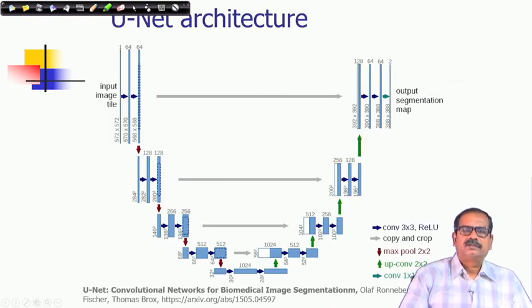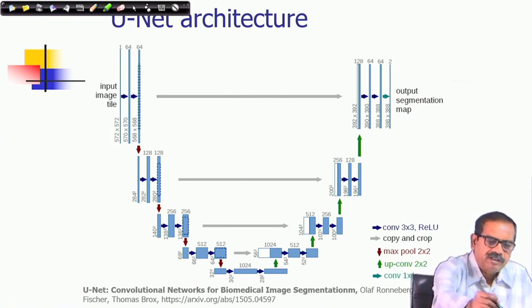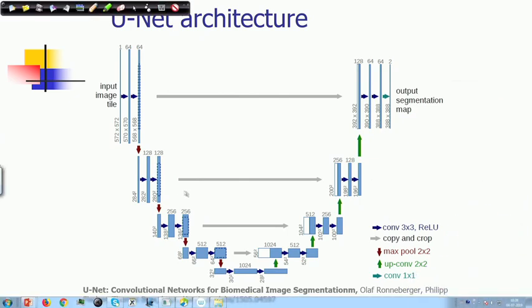This is a schematic diagram taken from that paper itself. It is the U-Net architecture, and you can see how the contractive path downsamples images of different sizes, and the number of channels gets doubled. Then in the expansive path you have upsampling of images, and not only that, there is a concatenation of features. These features are concatenated at this stage. Half of this comes from this stage and half comes from here, and this becomes the input to the next two convolution layers.